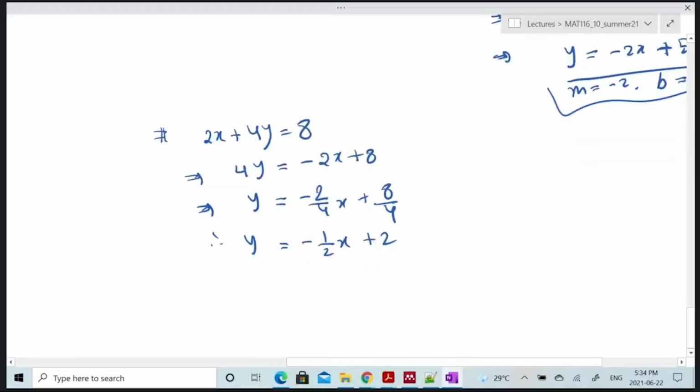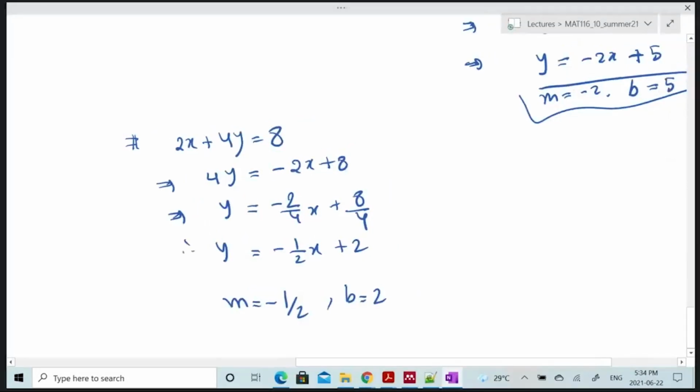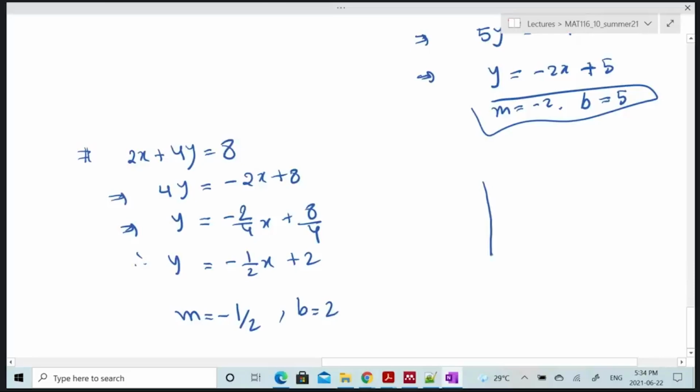So you can see here, m equal to minus half and the y-intercept b is 2. Exactly. Now if I want to draw the graph of it, we know the y-intercept is 0, 2, so I can just allocate it here. What about the x-intercept?